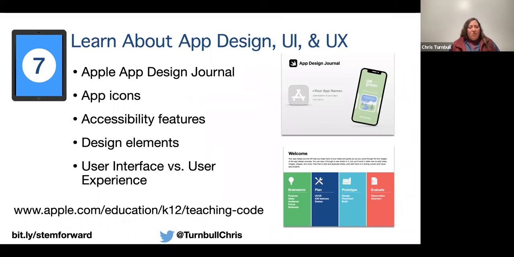Or if you're scrolling through your phone and all of the apps that you have, or through your iPad, how do you land on the app that you're looking for just based on that icon alone? And how can you design those catchy visual icons that will make people be interested in your app and make maybe one calculator app more appealing than another to someone who's looking to download that?